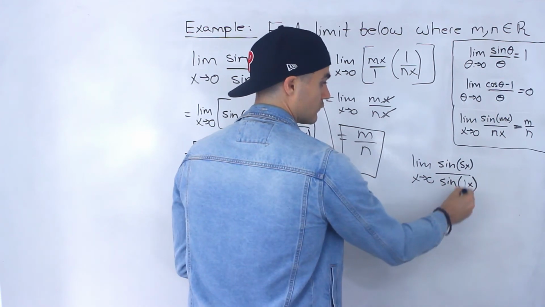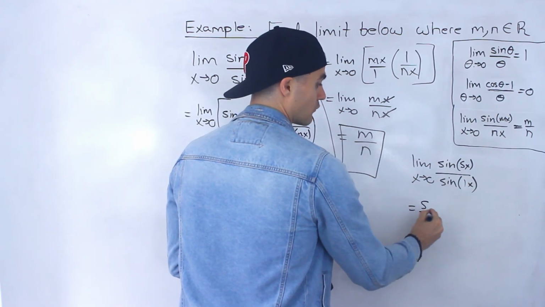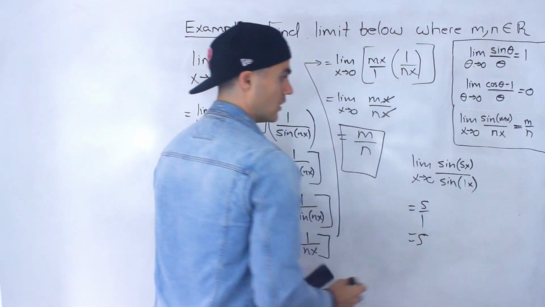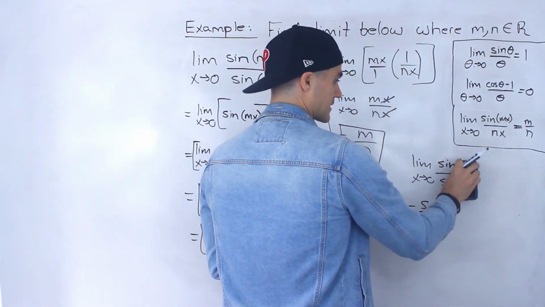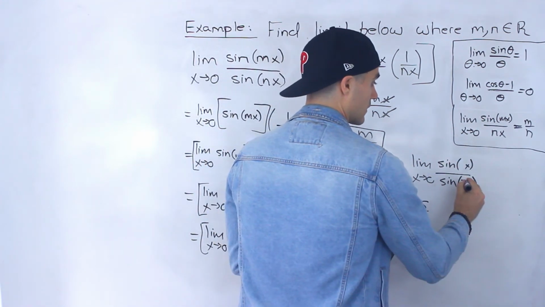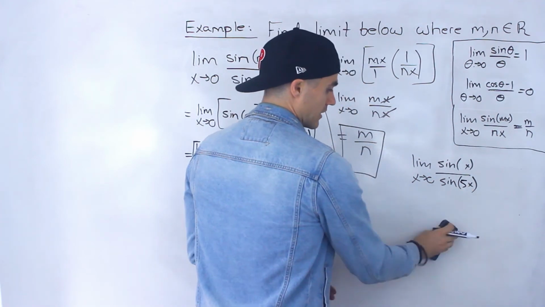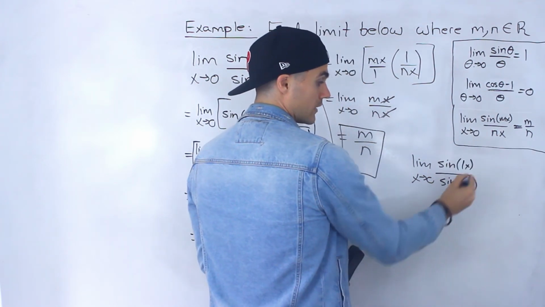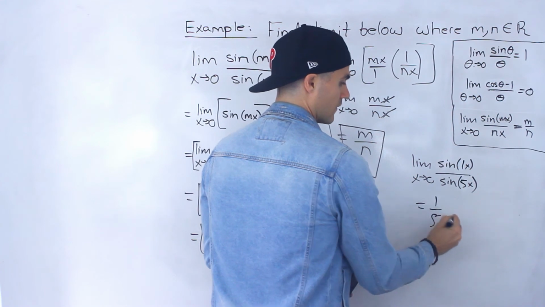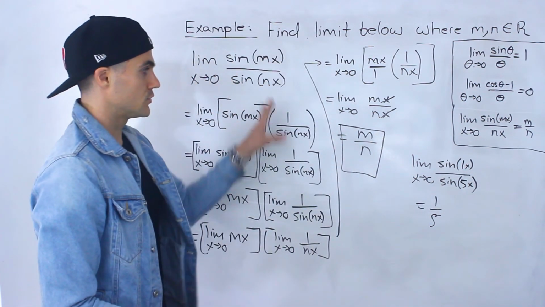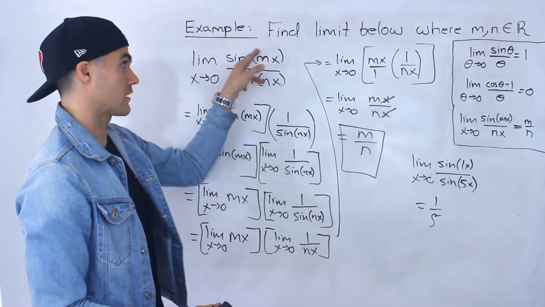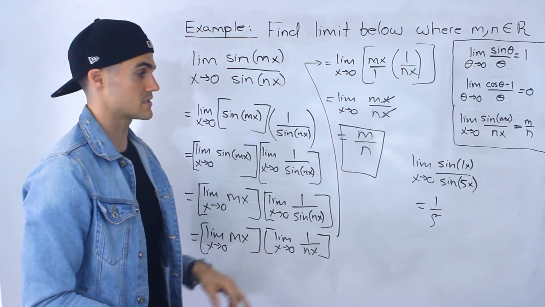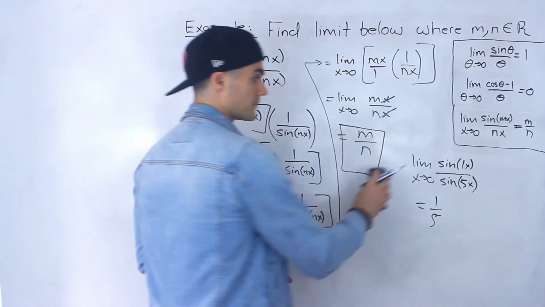It's like a 1 in front. You'd end up getting 5 over 1, which would just be 5. Or the other way, we could have x here, and then we could have a 5 down here. This would end up being 1 over 5. So you could use this result for anything whenever you end up getting constants there. You could just follow the same work.